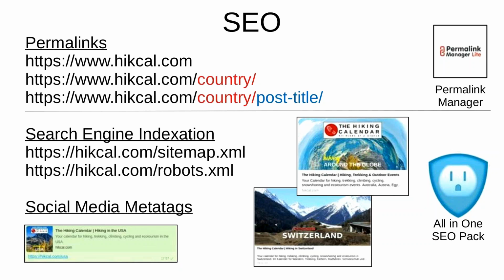On the other hand, we're also using a plugin called All-in-One SEO Pack that will take care of the search engine indexation and the meta tags, in order to have these nice little business cards appearing in WhatsApp or in the different social media as soon as we type the website or a URL corresponding to the website.